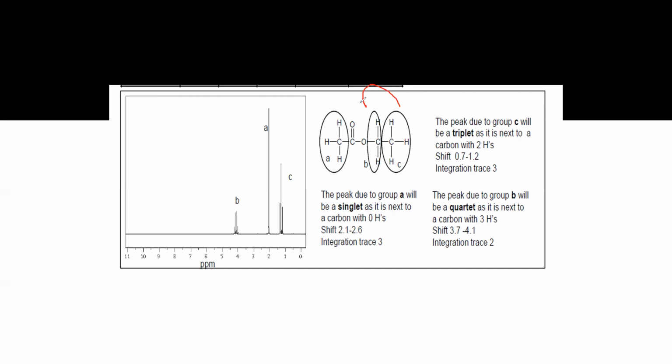Because next to this are 2 hydrogens, it will split into a triplet. So C is splitting into a triplet, and the triplet will be 1, 3, 1. A is a singlet because the neighbor has 0 hydrogen. And B is a quartet because the neighbor has 3 hydrogen.